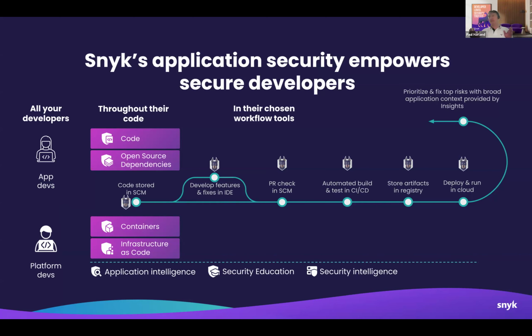What usually happens after that pull request is an automated CI or CD build gets kicked off as a result of that merge. And again, Snyk can integrate there. Even when you then store these resulting artifacts in a registry, Snyk can scan there. But we're always thinking, going back to what should the developer do in order to fix this?